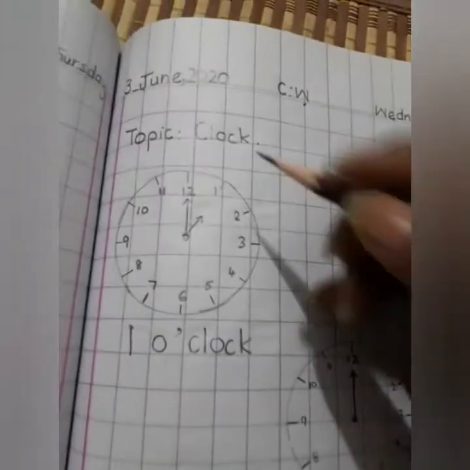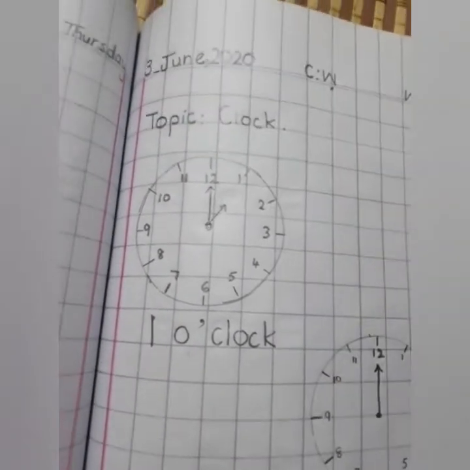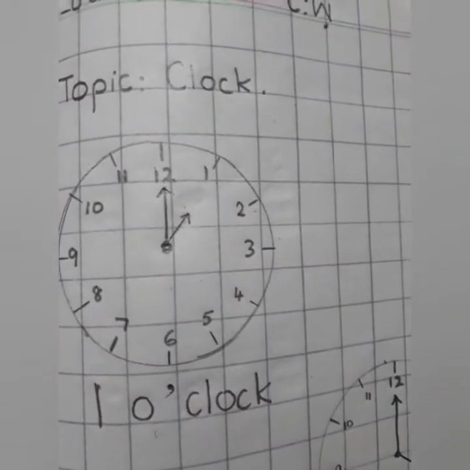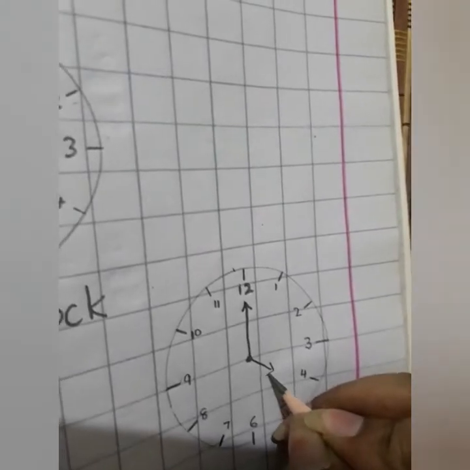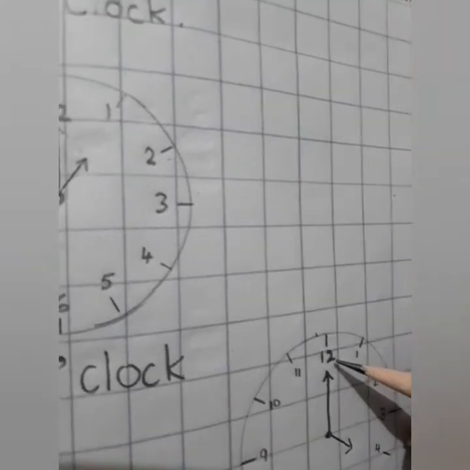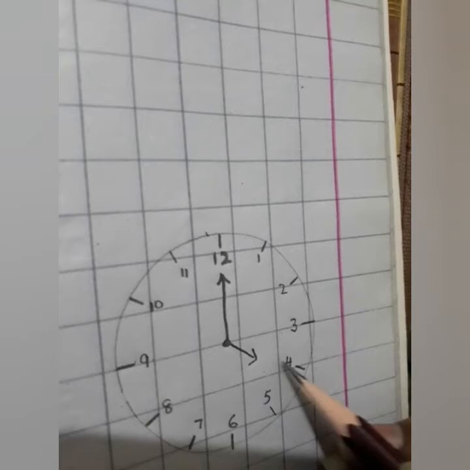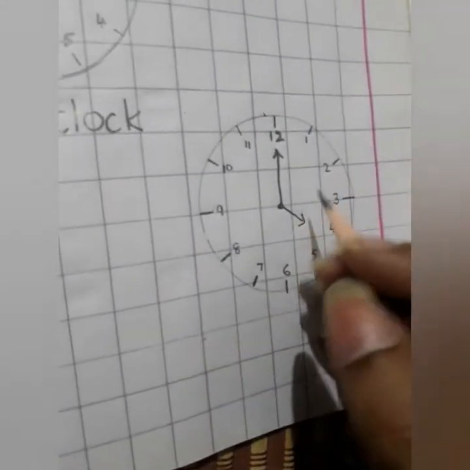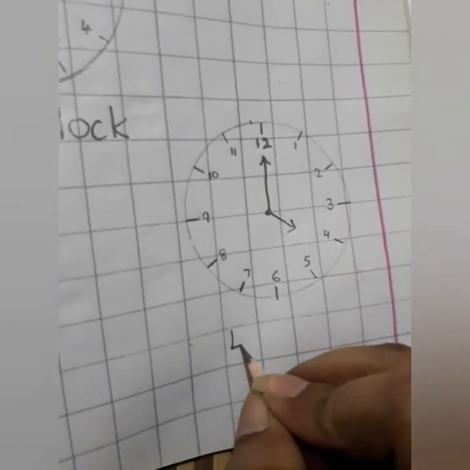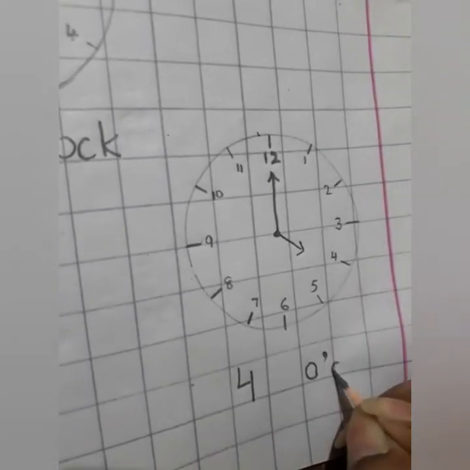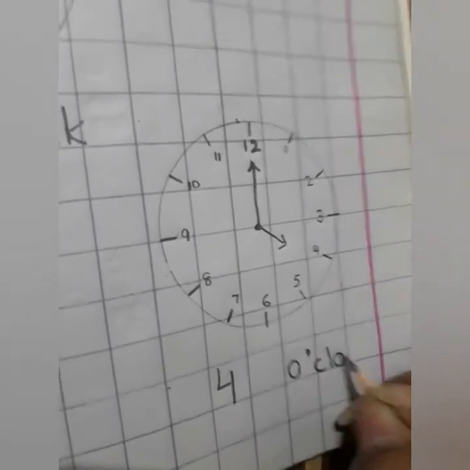And the shorter hand, over here the shorter hand is on number 1, so let's make the shorter hand point towards number 4. Fine. So the bigger hand is the same on the 12, like this one, and the shorter hand is on 4. It is pointing towards 4. So can you tell me what is the time? It is pointing towards 4, so it means it is 4 o'clock.